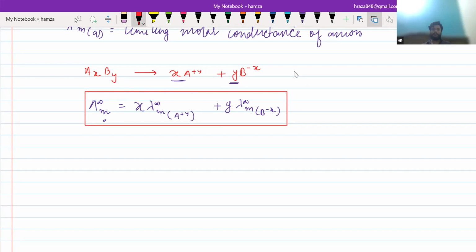Very good. So can you write lambda infinity molar conductivity of MgCl2, lambda infinity molar conductivity of Al2(SO4)3? Can you write molar conductivity? Wait a minute.